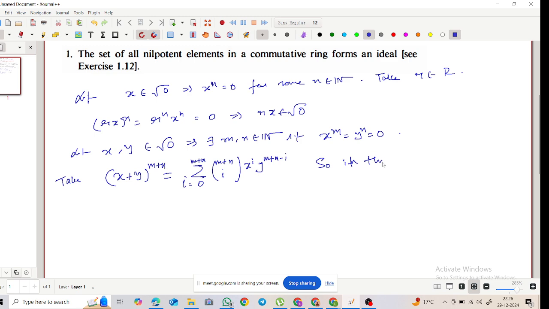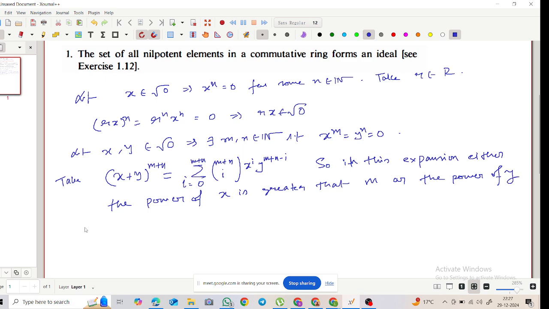In this expansion, either the power of x is greater than m, or the power of y is greater than n, which implies each term is 0.